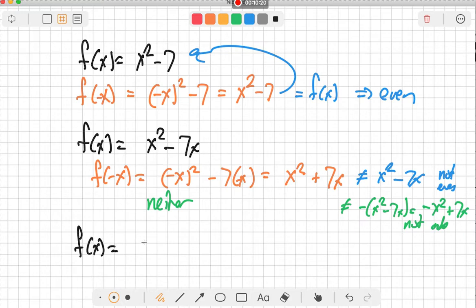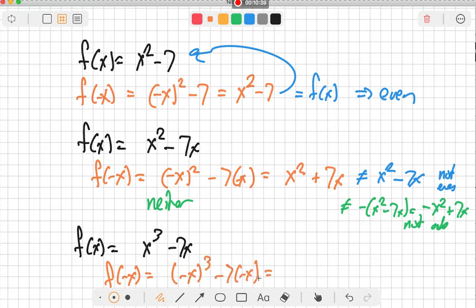But now if I take this one and make that x cubed minus 7x. Again, f of negative x. We're always doing the same thing, plugging in negative x for x. We get negative x to the third power minus 7 times negative x. And a negative number to the third power is going to be a negative, so that's the opposite of x to the third power.